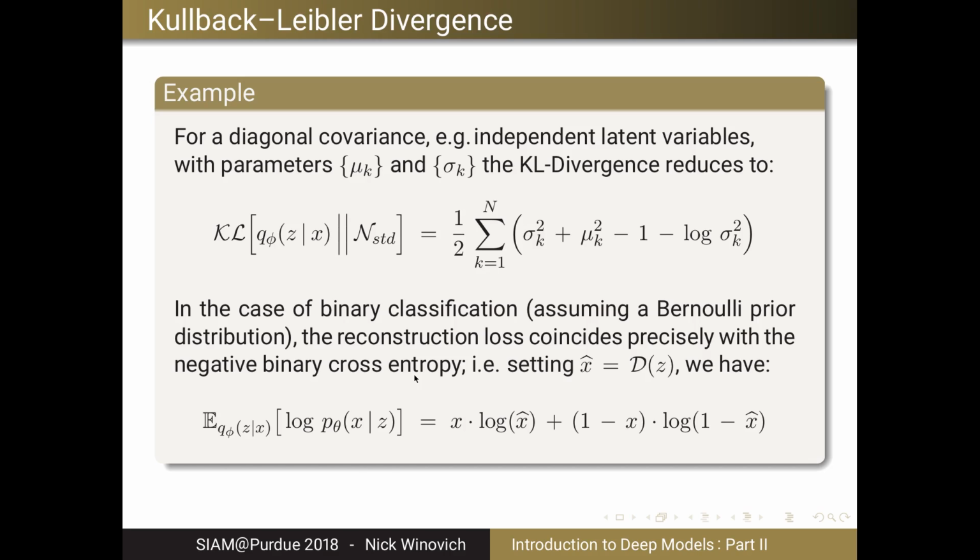And then the second term, in some cases, we have to make a stretch. If you're doing something like regression, you somewhat have to depart from the strict theory justifying the model. But in the case, for instance, of binary classification, in particular with a Bernoulli prior assumed, the reconstruction loss term, so here this expectation, is exactly the negative of the binary cross entropy, which is what we expect because we're going to have a negative sign anyway.